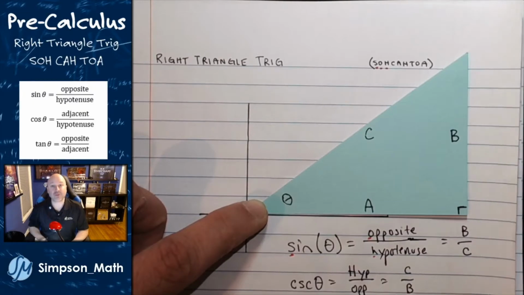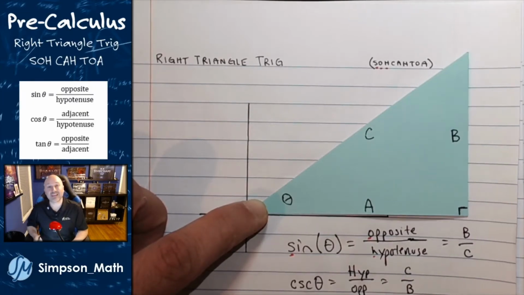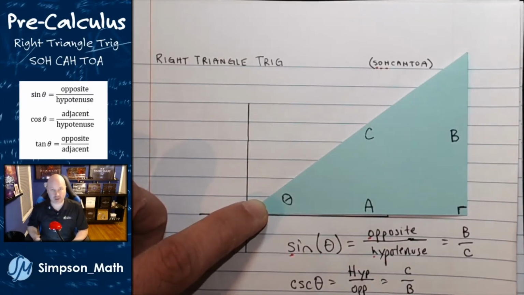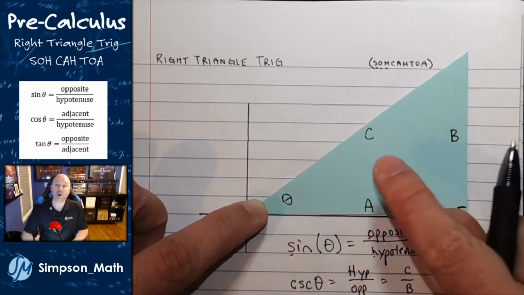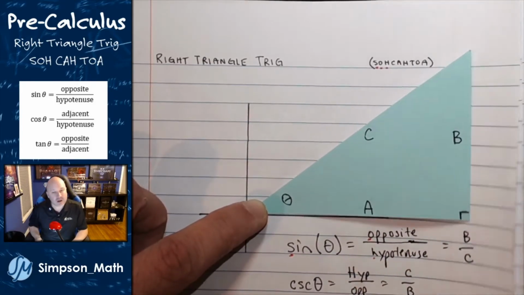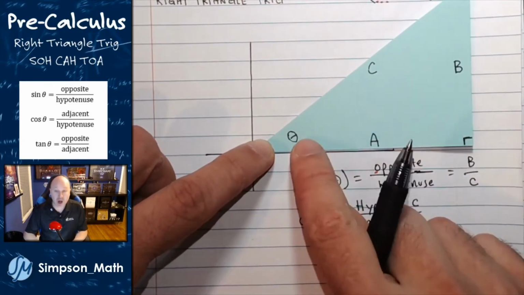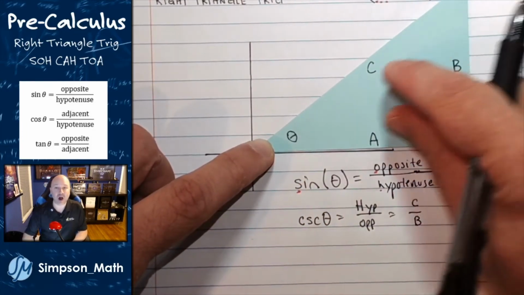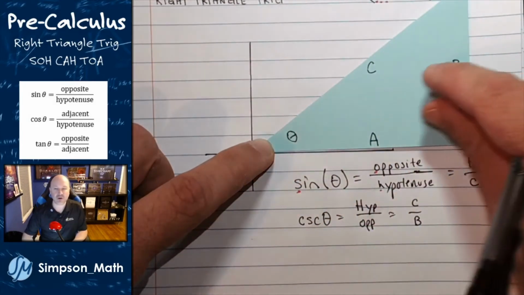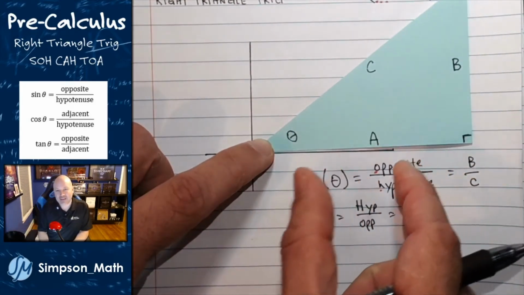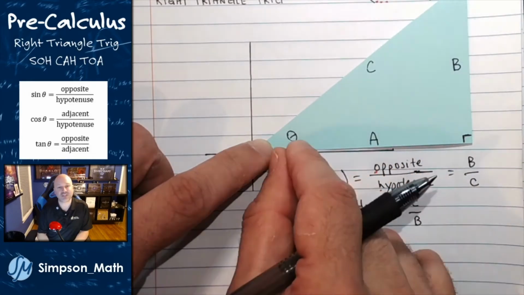Now, cosine. The true definition of cosine is the x value over the radius. So that would be A over C. We can call that, though, maybe the adjacent side length. Opposite meaning it's the side length opposite the angle, so it's not touching. Whereas A, this side length, is touching the reference angle.